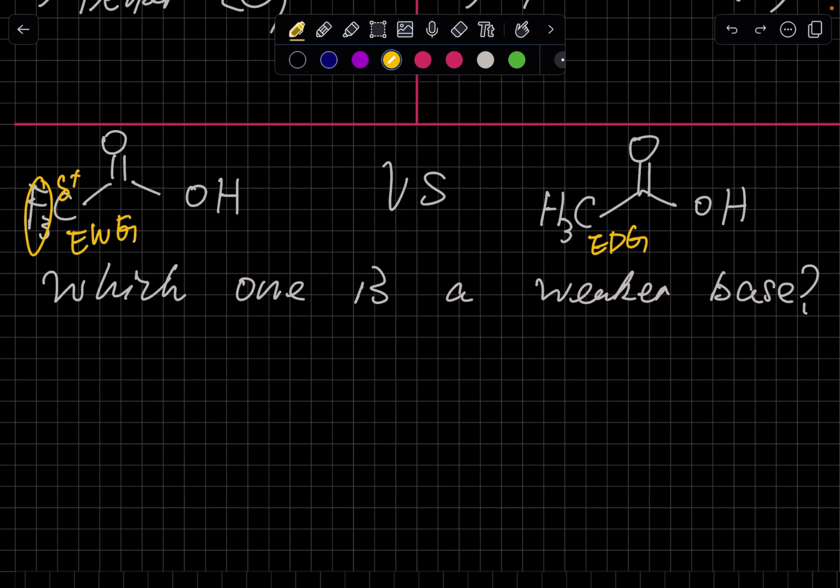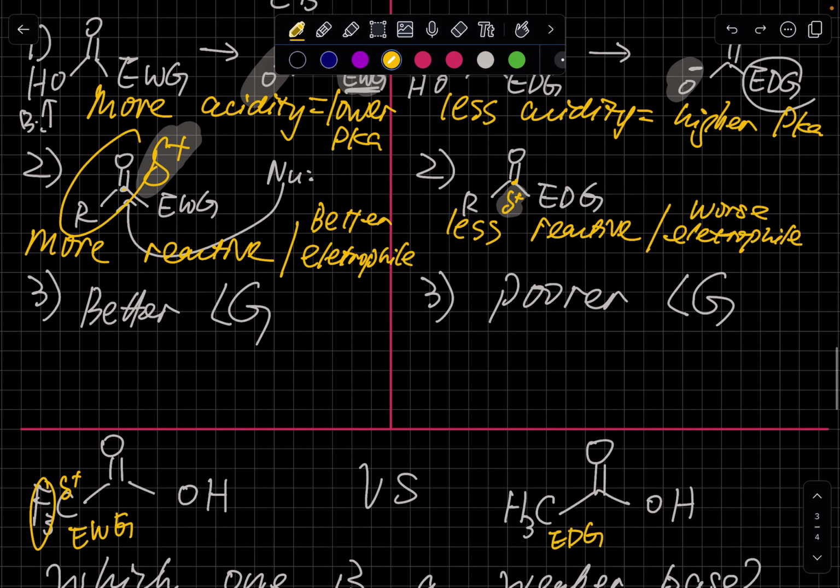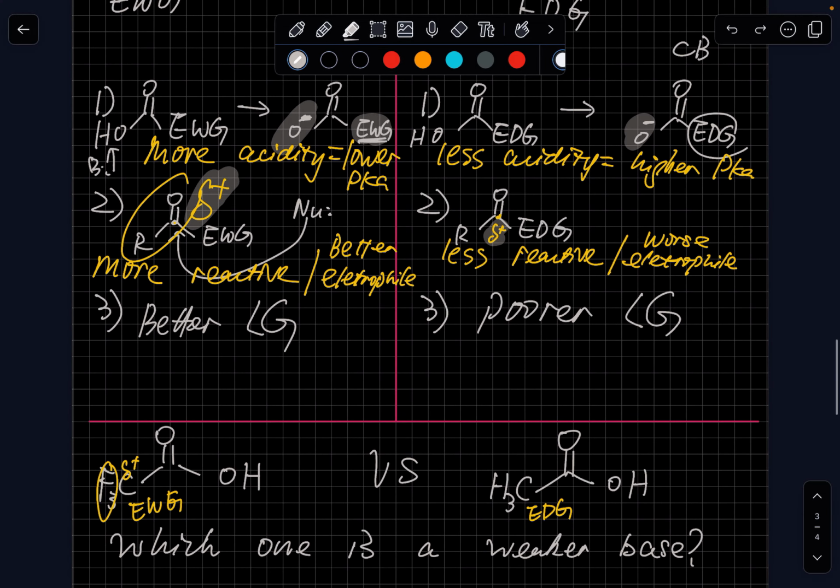According to this, we can tell that this is more acidic, which makes it a weaker base, right? Does that make sense?